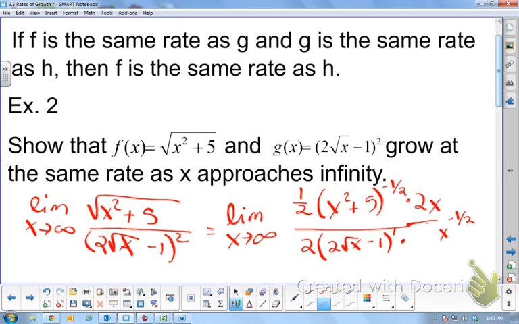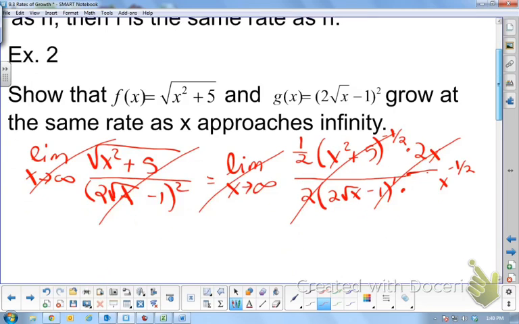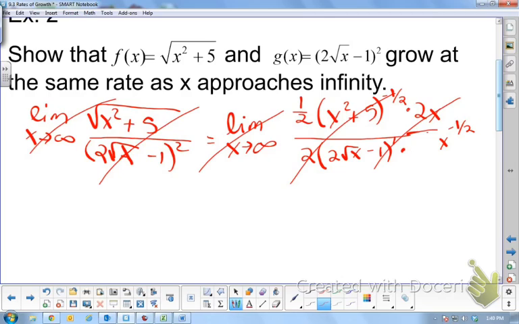So if you're irritated in a class, you give them this problem. Like, okay, do this. So we say, that didn't work. This is not going to work the way we're trying it. So instead, I'm going to pick a third function to compare these functions to. I'm going to pick my h of x.